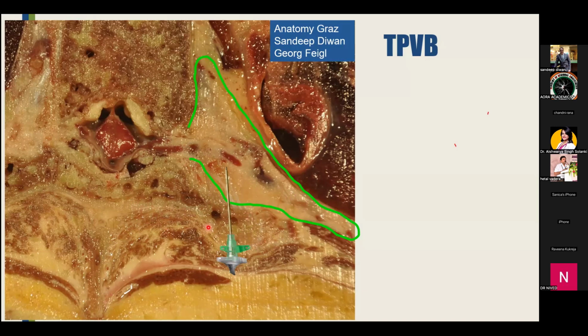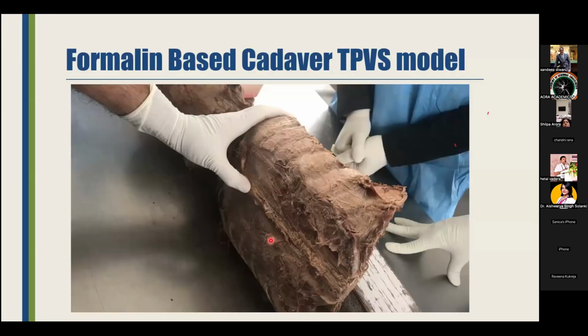And what you can see are these pores. So probably these are the ones that are communicating from the dorsal to the ventral aspect. This is one of my suppositions, that this could be a track or a path from where the drug can migrate from dorsal to ventral.